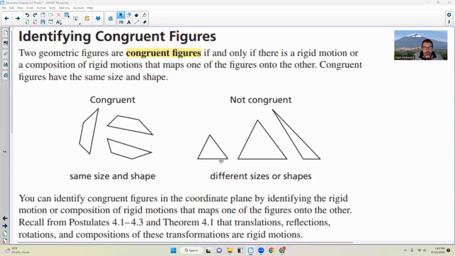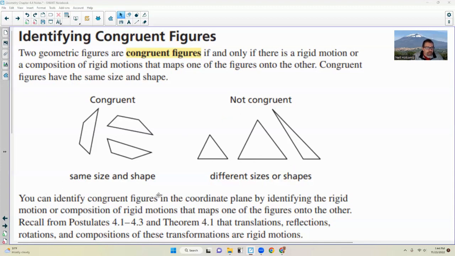But over here, we have three different triangles, and they're obviously not the same size or shape. This base here is way shorter than these two bases, and the height of this triangle is higher than these two. So these three triangles are definitely not congruent. If I moved one onto the other, it would not line up. So that is different size or shapes, not congruent.